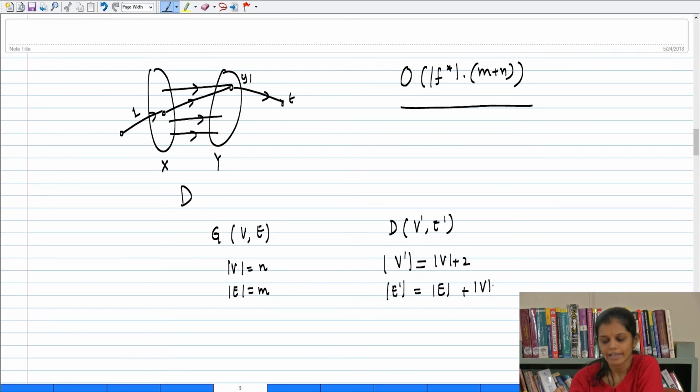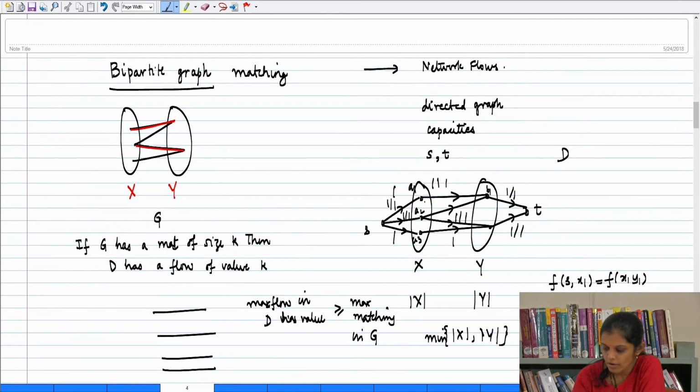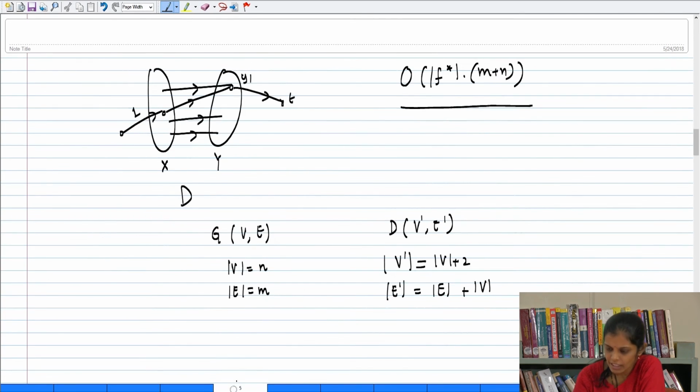And then what is the value of the max flow? So we agreed that the value of the maximum matching, or the value of the max flow in such a network, is always upper bounded by the min of the cardinalities of x and y. So in fact one can upper bound the value of the max flow by V, which is slightly weaker, but this V is the number of vertices in the original graph.